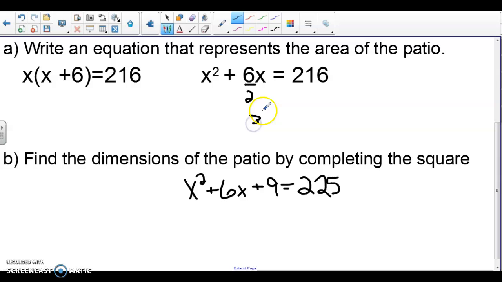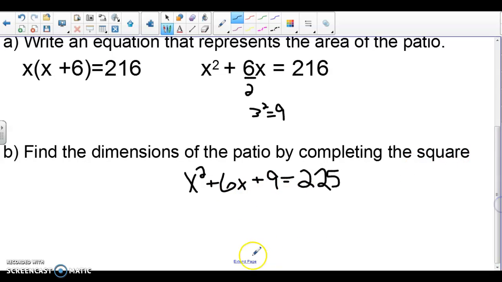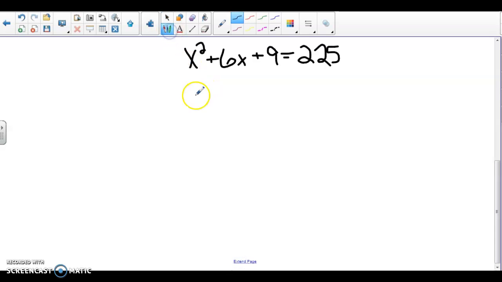I squared it, that gave me 9. I added that to both sides, and now we have x squared plus 6x plus 9 equals 225. So now we'll notice that we have ourselves a perfect square on the left-hand side, which becomes x plus 3 squared equals 225.